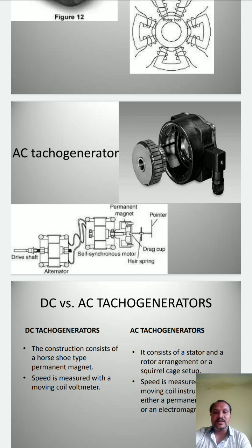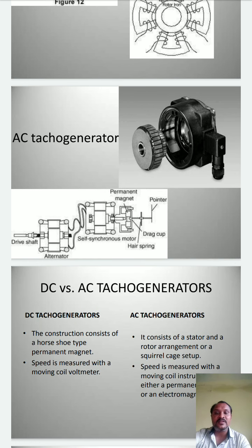The alternator generates for the self synchronous motor. The synchronous motor is a motor that acts according to the given input. The next one is the permanent magnet, which is fixed and connected with the hairspring. The hairspring is connected directly with the drag cup, and the drag cup is directly connected with the pointer.